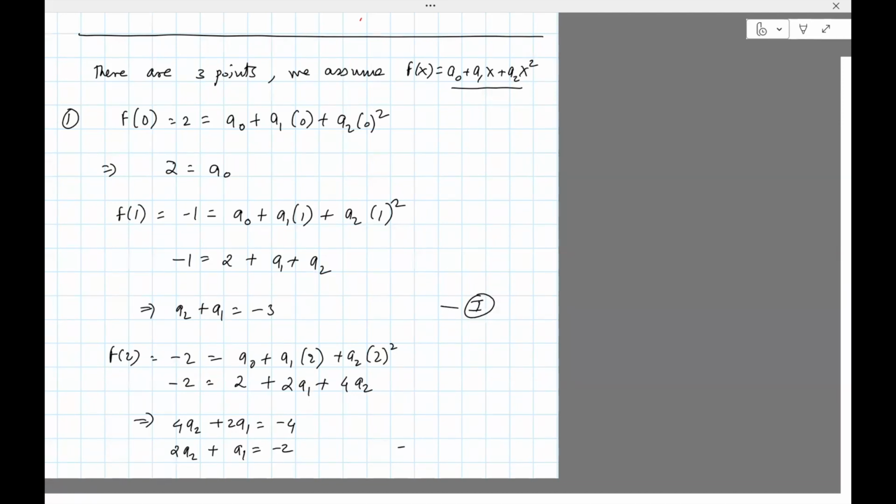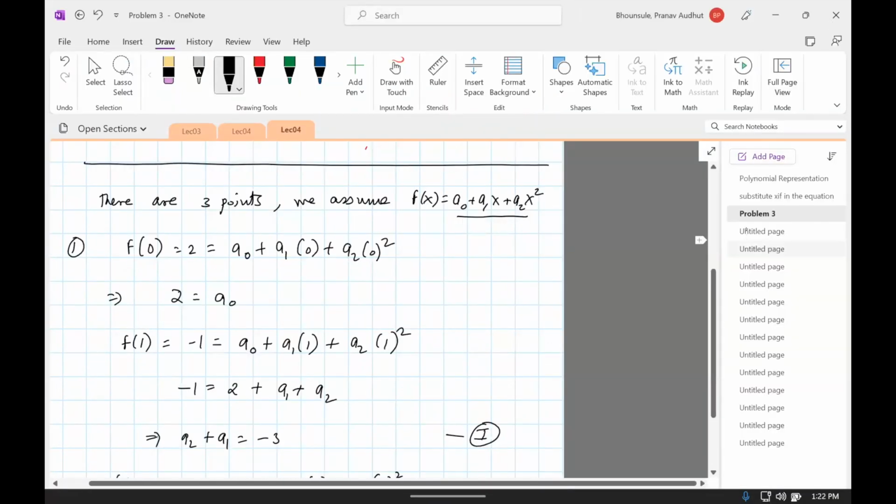We call this 1, let me call this 2. I would need to solve for a1 and a2 from those two expressions. Okay, so let's do it on the new page.